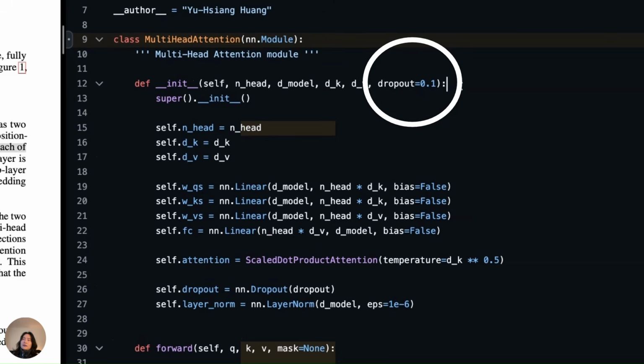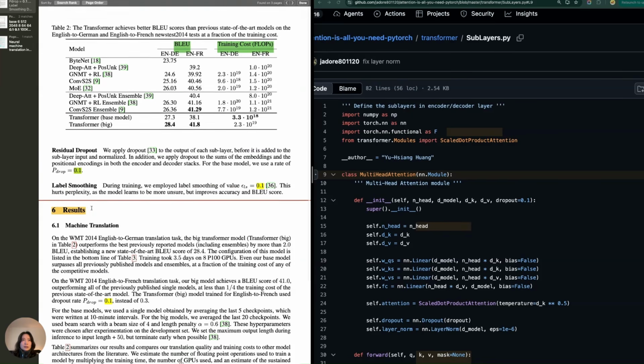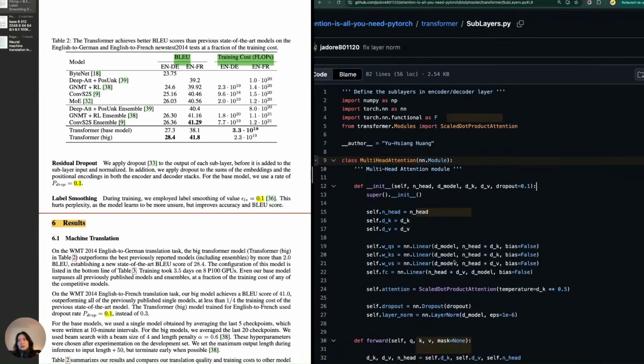Is this a number that the author randomly wrote down? It wouldn't be. So let's look at where the 0.1 is. You can see here, this is the last part of training, and you can see we apply dropout to the output of each sublayer, and we use a rate of 0.1. So the author of this PyTorch implementation has followed the exact number the original authors have.